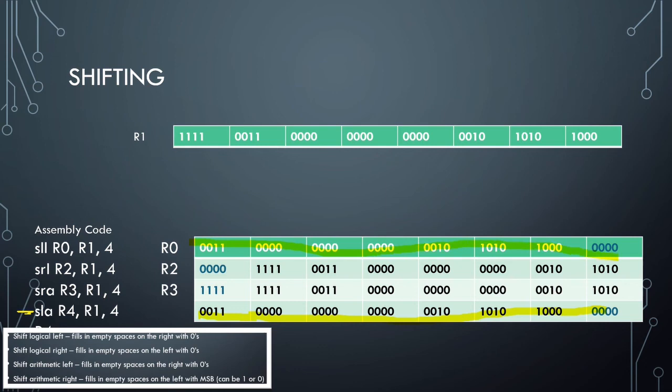That's because shifting logical left and arithmetic left do the same thing. We're shifting the number to the left by however many bits we call for, and we're just filling the empty spaces with zeros. So there's really no difference between those two commands. But when you're shifting to the right, if it's logical, you fill with zeros. If it's arithmetic, you'll fill with the most significant bit.